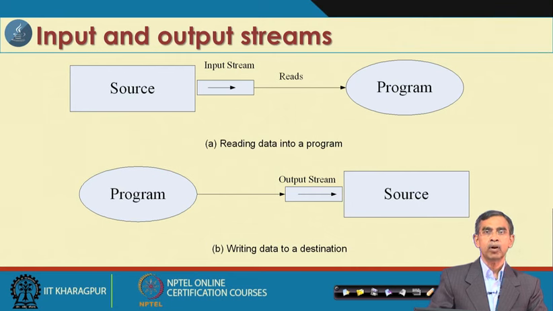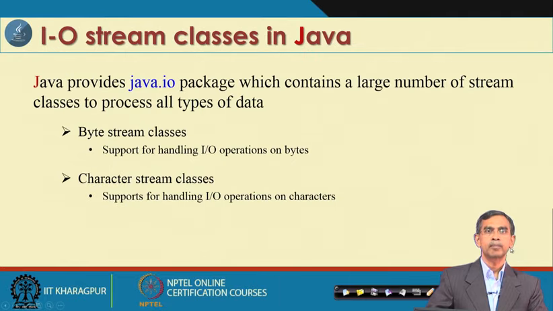On the other hand, from your program you can pump data to some other destination, which is called the output stream, as we have discussed in the figure in these slides. This is the basic concept of the input output stream. That means from the program the data will be pushed to the output stream, or the program will read something from the input source.